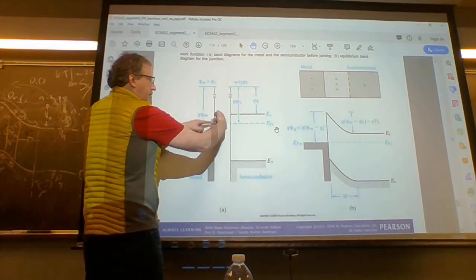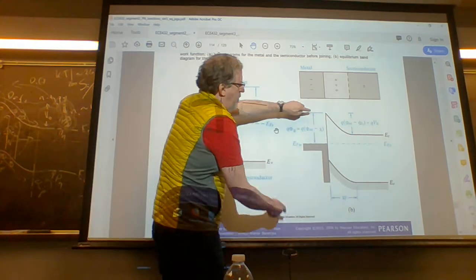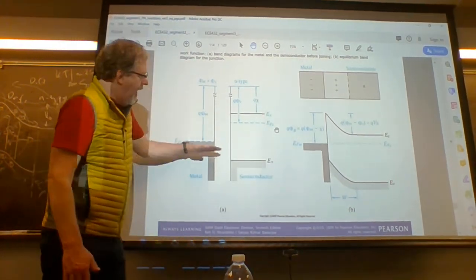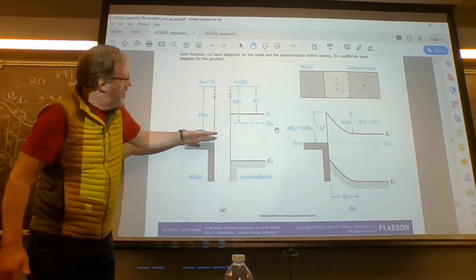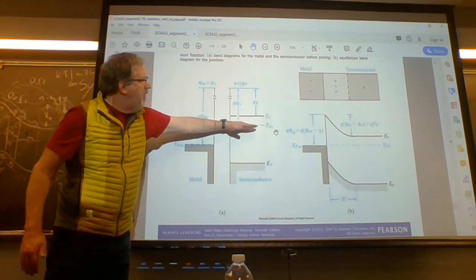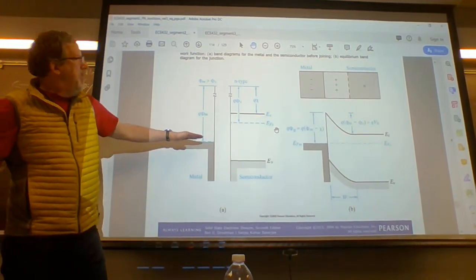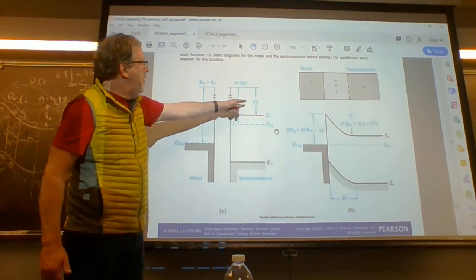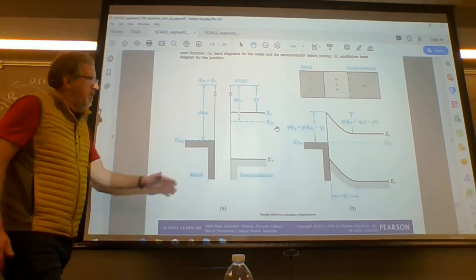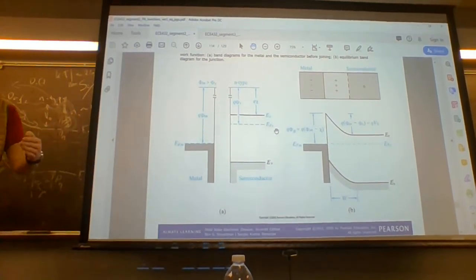This clicks right here, this clicks right here, and that becomes where it's glued together, and then it has to align the Fermi levels. So in this particular case, the Fermi level of the semiconductor is higher than the Fermi level of the metal. So this N-type material is electron rich, and for these to align, the N-type material has to become less electron rich.